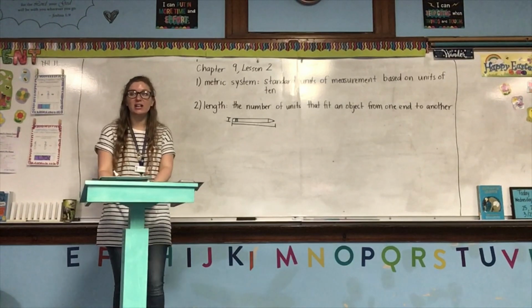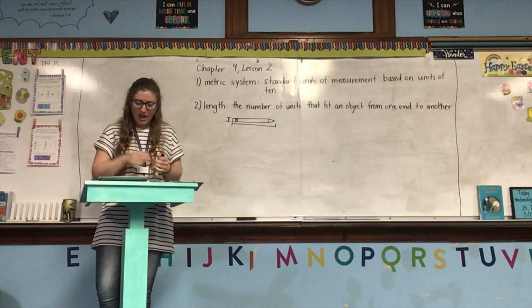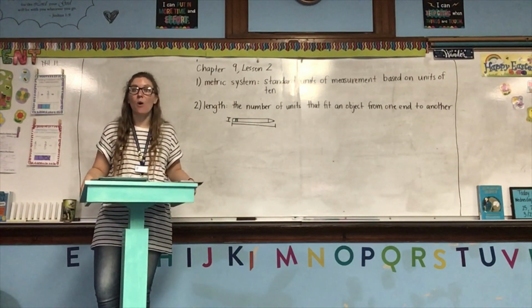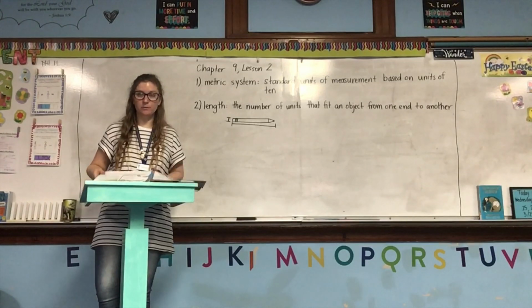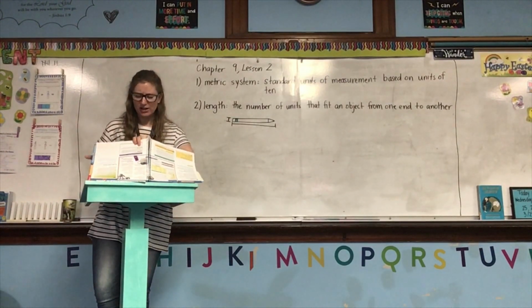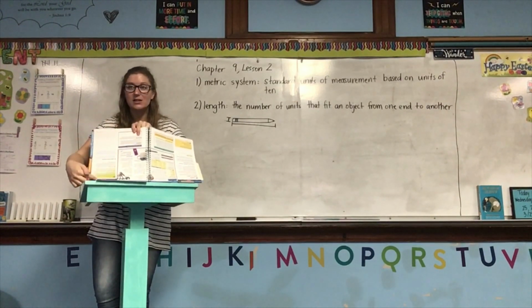So then if we look at our textbook, we can kind of take a guess based on what we know about rulers about how wide and how long it is. If we want to measure the length, we're going to go from the beginning to the end.